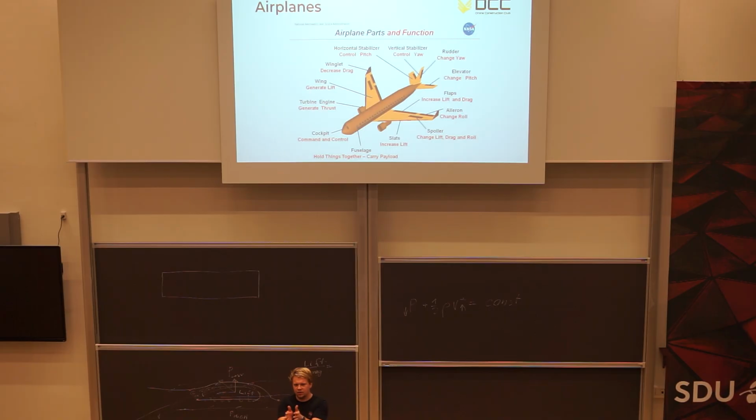The control surface of the horizontal stabilizer is called an elevator. Just like that, you also have it for the vertical stabilizer. The vertical stabilizer's control surface is called the rudder.